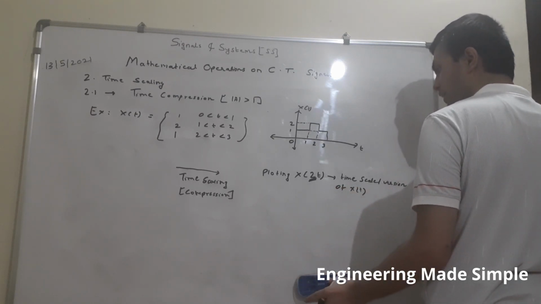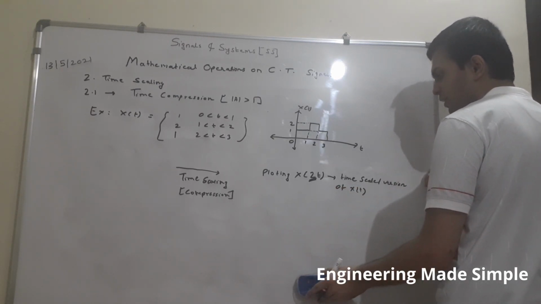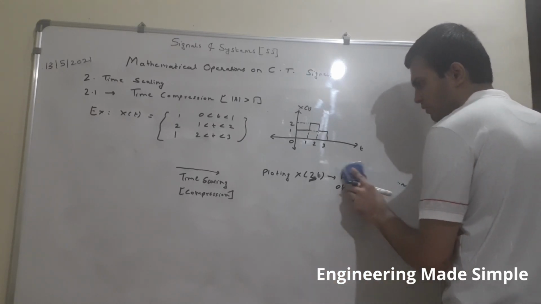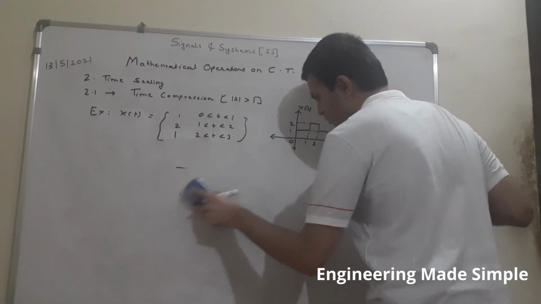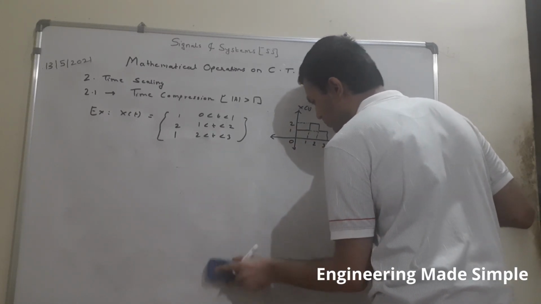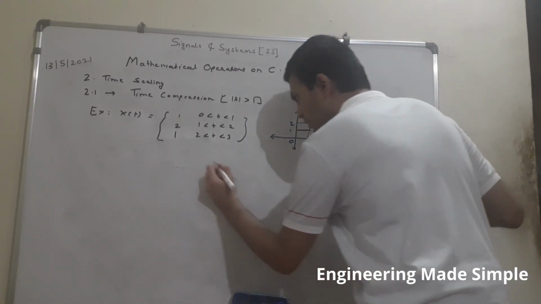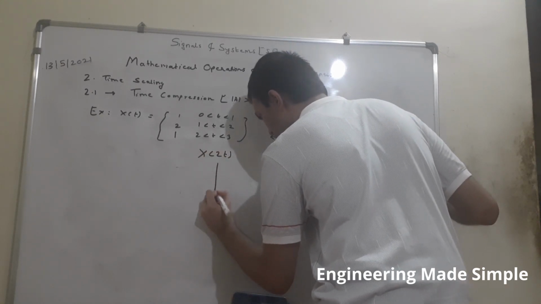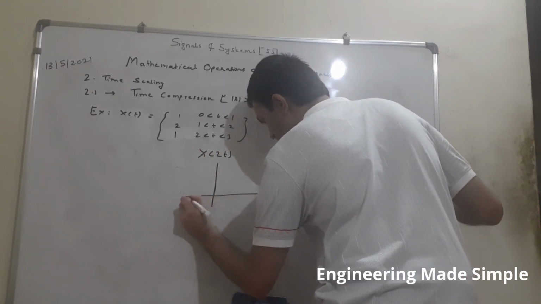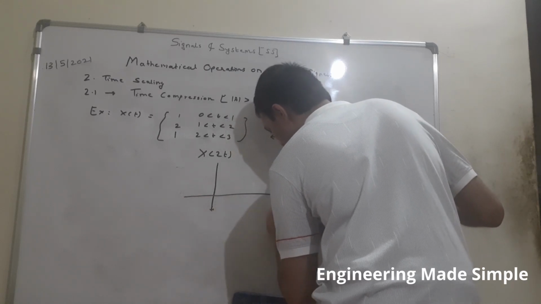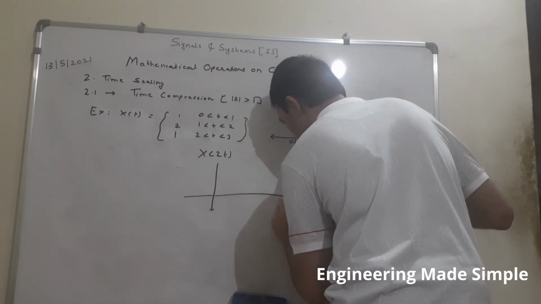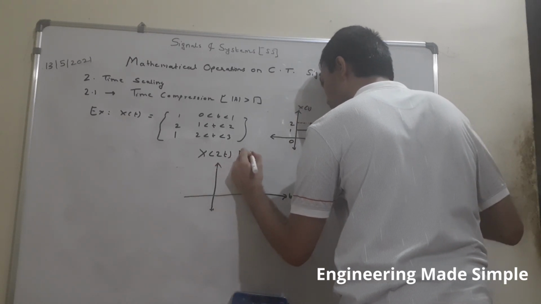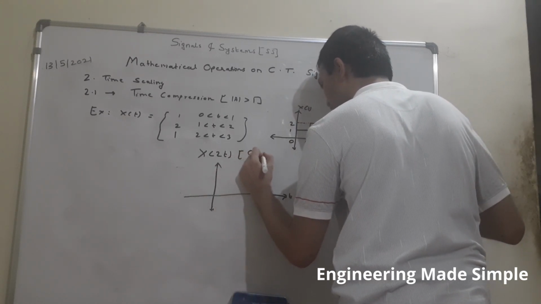Now let us plot x of 2t over here. This is also known as compression. This is our time axis.